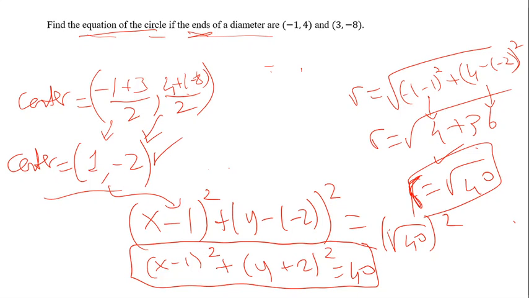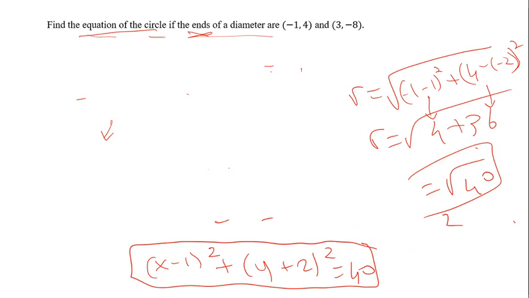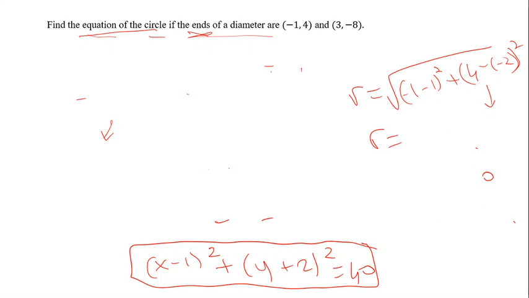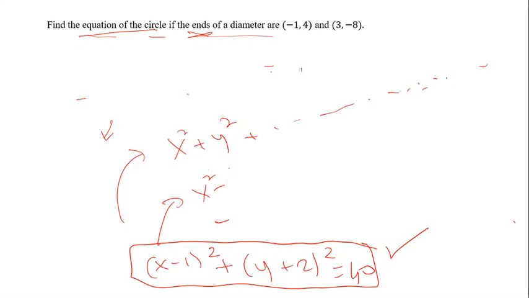If the choices are given in standard form or in general form, you have to do some more work and make it in the general form. So you have to expand this one. This as an answer is okay, but if in the choices it's given as x squared plus y squared and the others, you have to expand them. You have to do this expansion.